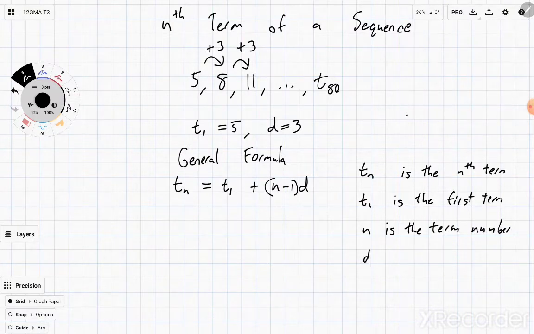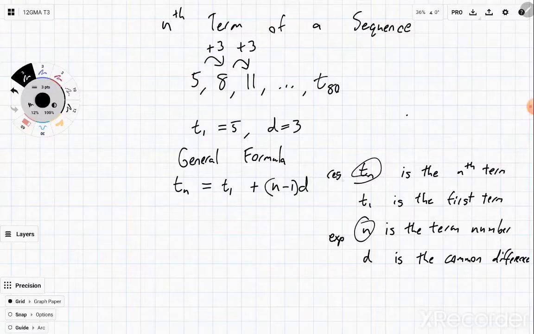And d is the common difference. So that is all of the information we need to know to use the formula. And in the end, the formula is going to keep Tn and n like our explanatory variable and our response variable. So they're not going to actually be substituted in until we actually want to do something with it.